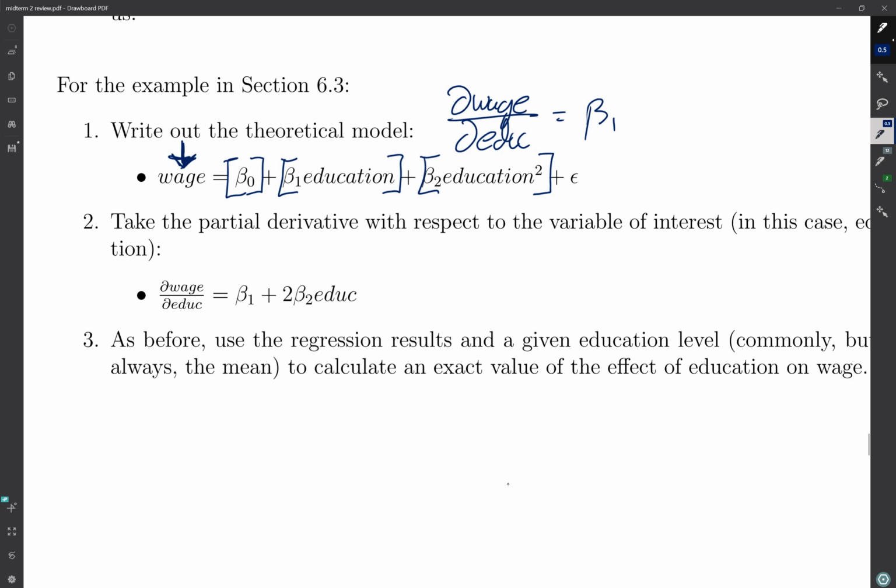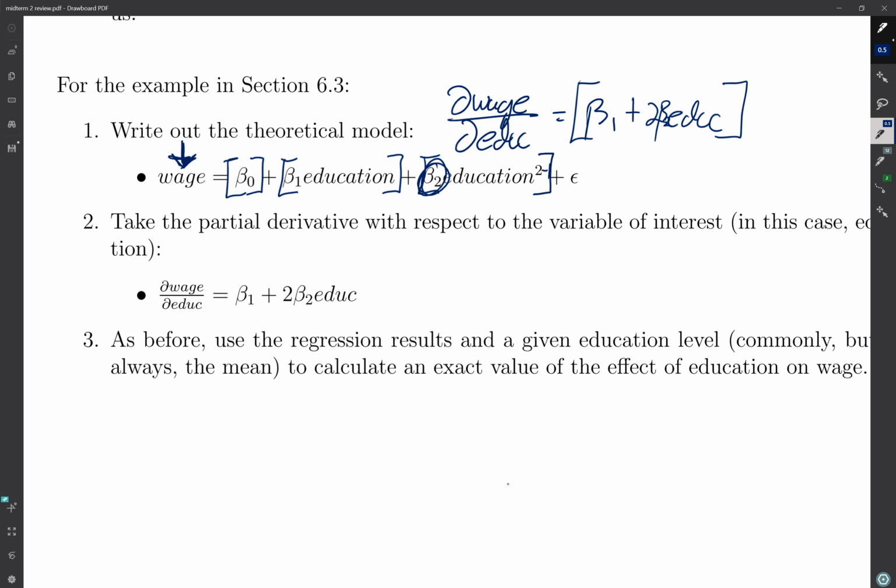Well, that does have an education term in it, so we bring the 2 down to the front, plus 2 times beta 2 times education, and then we subtract 1 from the exponent, so education to the 1, or just education. So the effect of education on wage is beta 1 plus 2 times beta 2 times education.